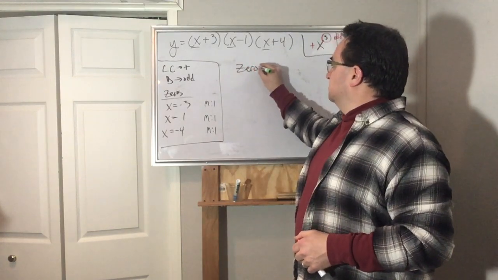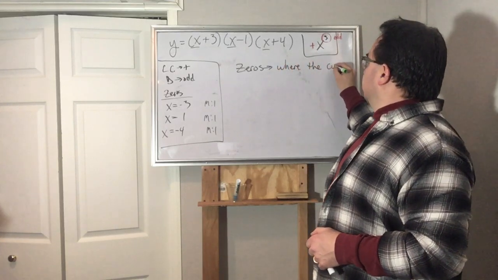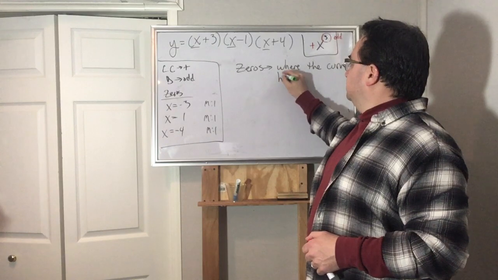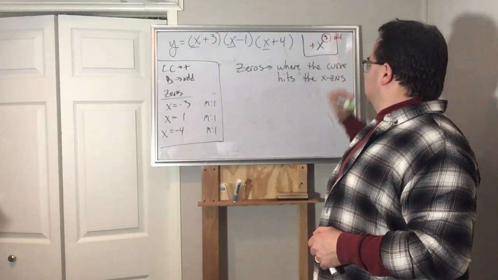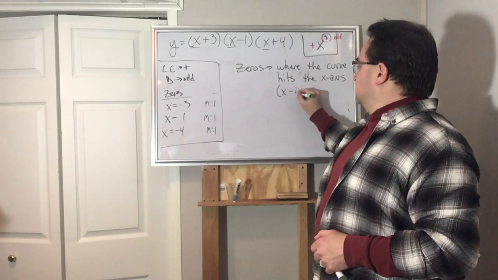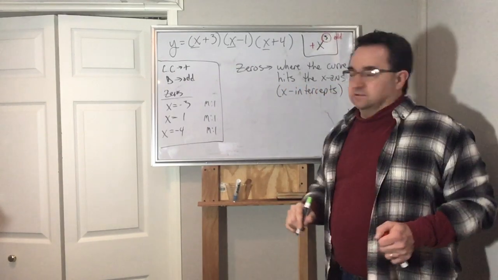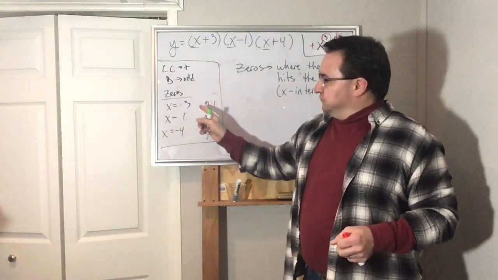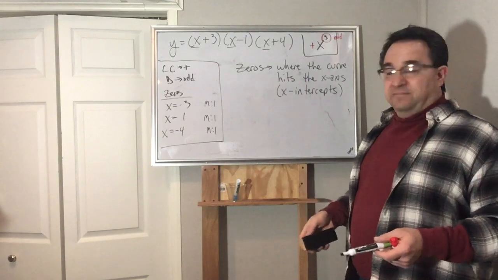The zeros are where the curve hits the x-axis. Or in other words, x-intercepts. Okay? So it has 3 x-intercepts, and that's going to have a big impact on our graph.